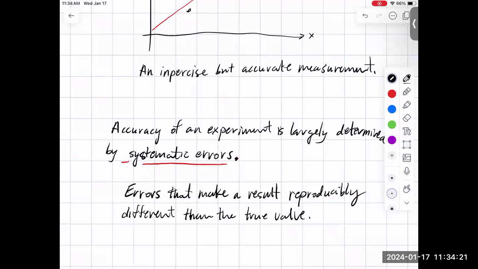That's another type of systematic error that, if you knew that it existed, you would correct it.